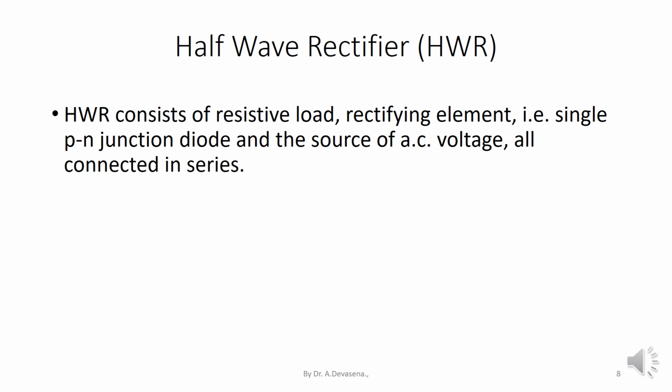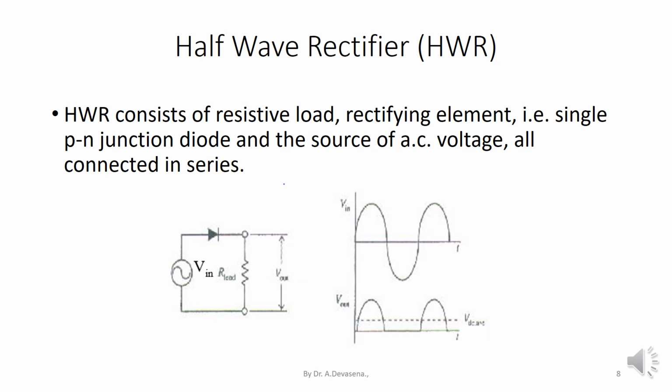The half-wave rectifier consists of a resistive load, a rectifying element, that is a single p-n junction diode, and the source of AC voltage. These components are connected in series. The figure shows the half-wave rectifier and its corresponding waveform.